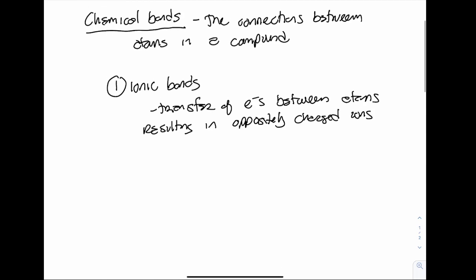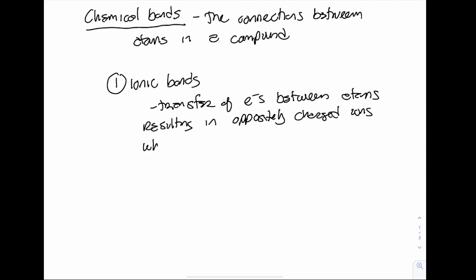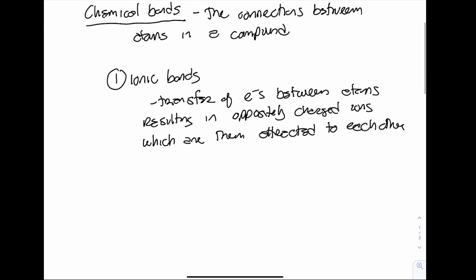Again, remember, ions are charged atoms, which are then attracted to each other. Typically, it's going to form between a metallic element and a non-metallic element.